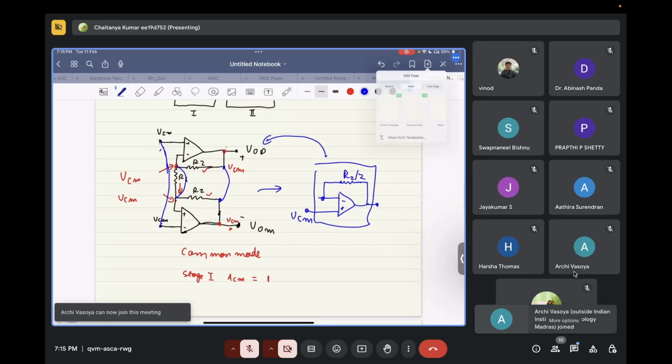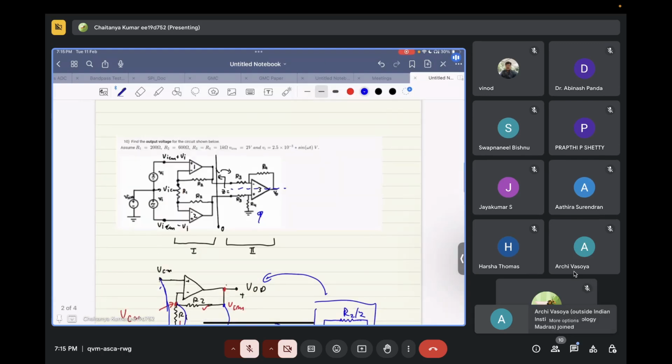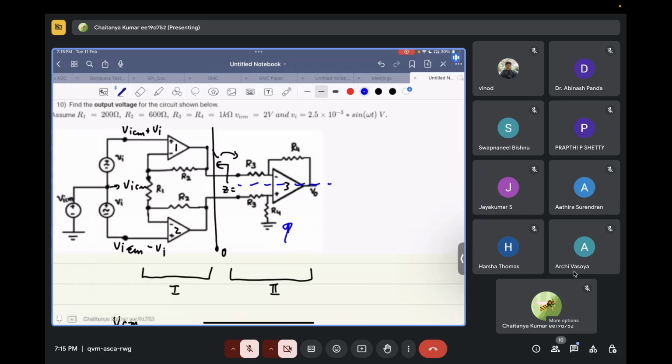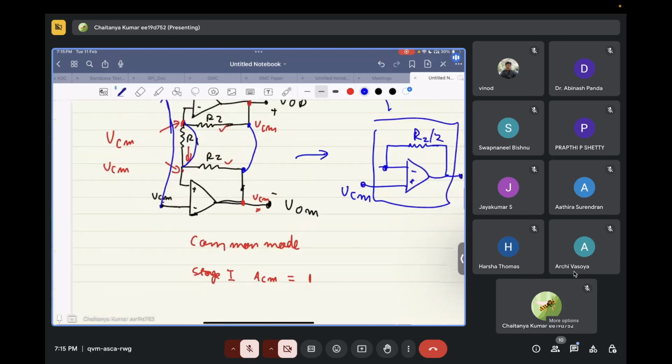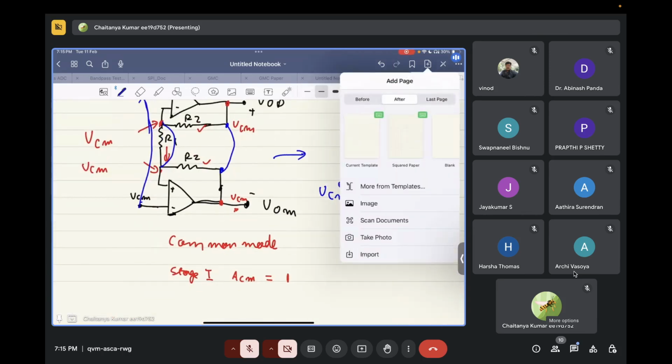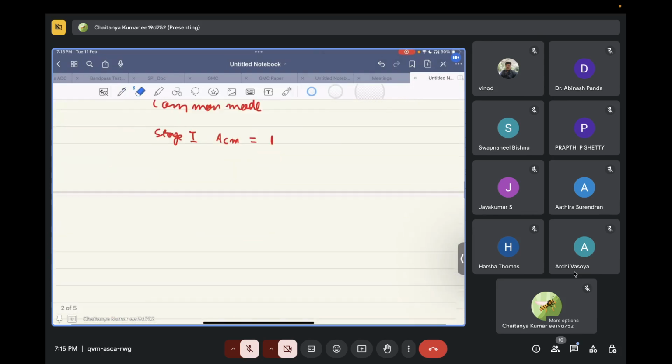Now, if only input VCM was there, this will swing at VCM. This will also swing at VCM. So what will be the output at this node? Now we will worry about the common mode gain of the second stage.